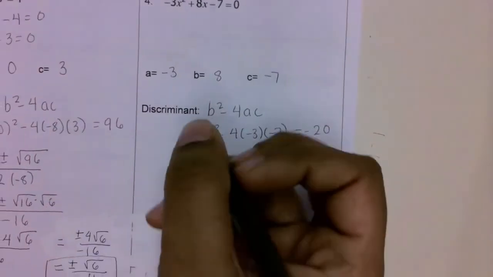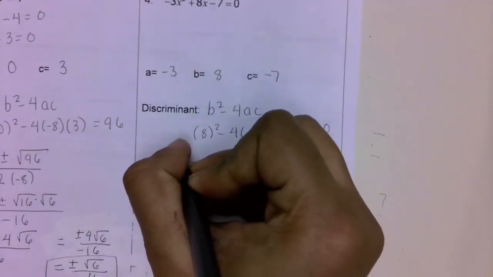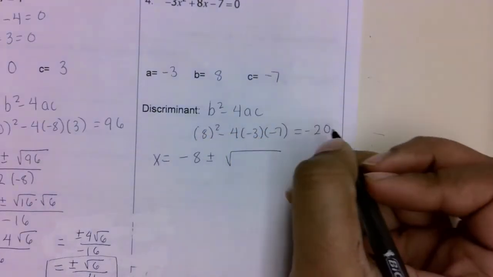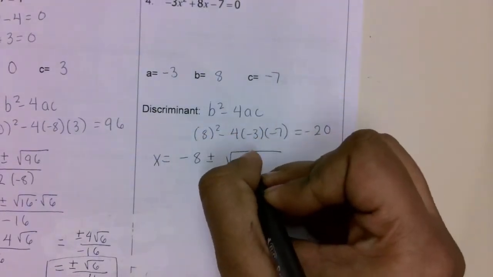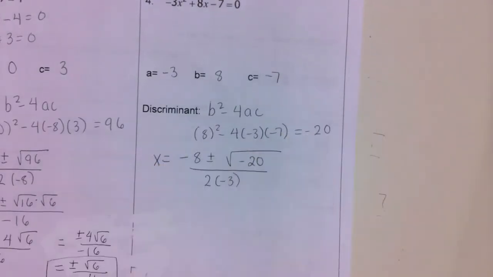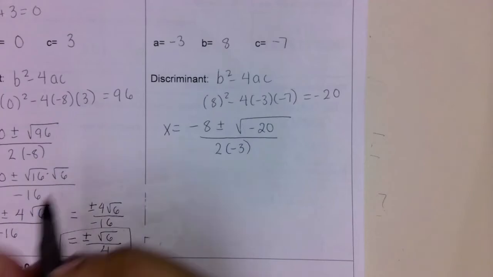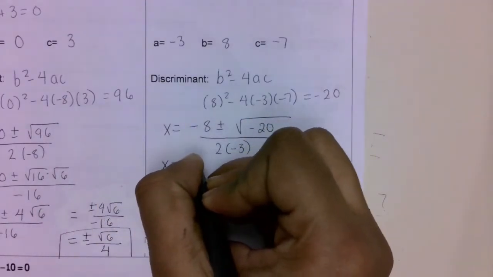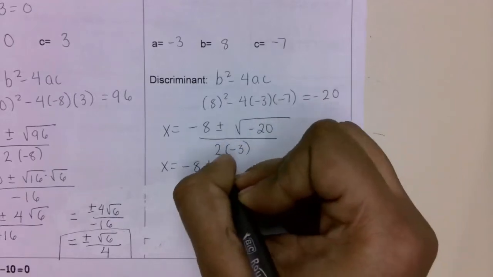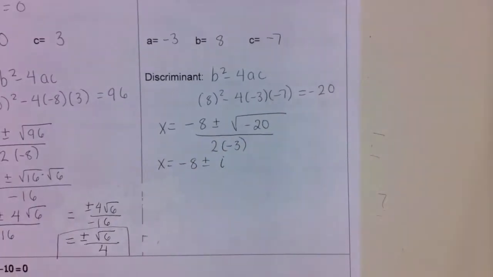So then you're going to plug that discriminant back into the quadratic formula. So x equals negative b plus or minus the square root of negative 20 all over 2 times a, which is negative 3. All right, go ahead and simplify the square root. So anytime you've got a square root of a negative number, you need to take out an i.